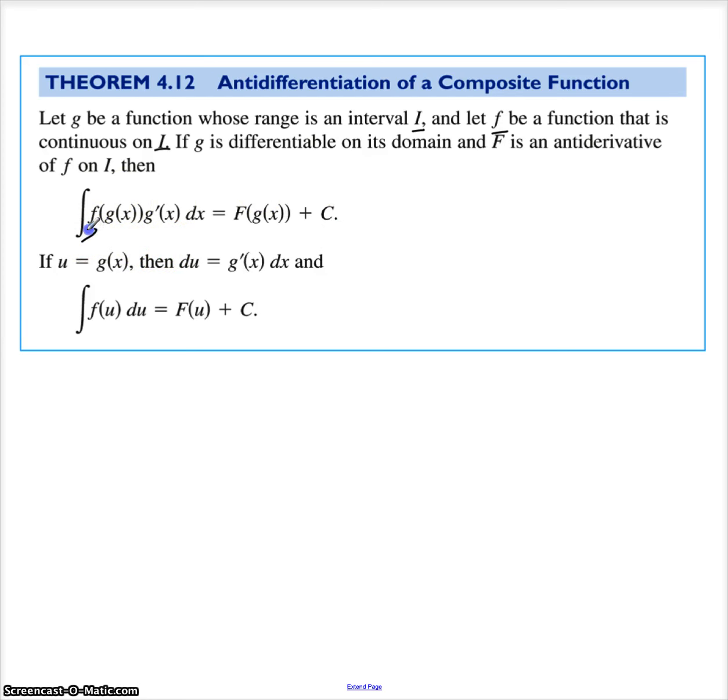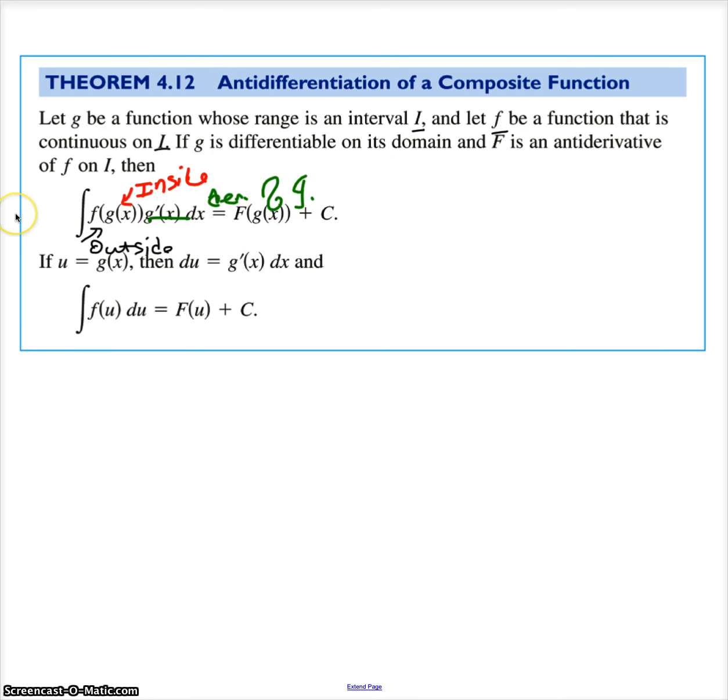Think of this f as your outside function. All right, and then let me change pen colors. Let's think of g as the inside function. And then finally, there's this third part, which is the derivative of g.